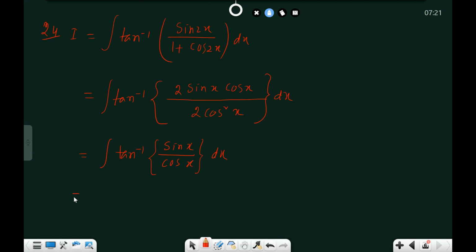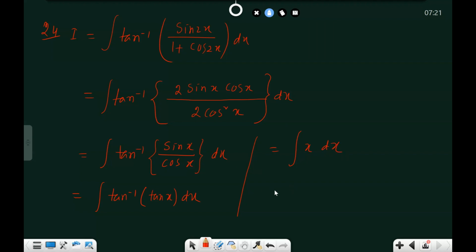So this is equal to integration of your function tan inverse is remaining here, and sin x by cos x, this is tan x only, and dx. Now you can remove this tan inverse and tan, because this will make it identity function, and identity function gives us integration of identity of x, and that is simply x. So it will be simply x dx.